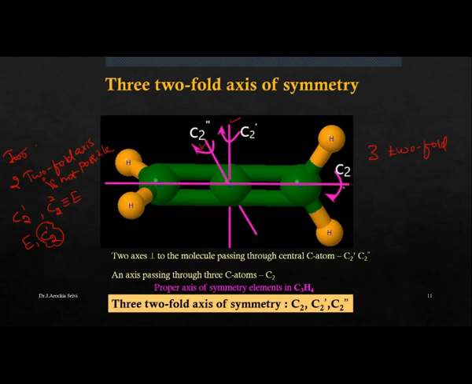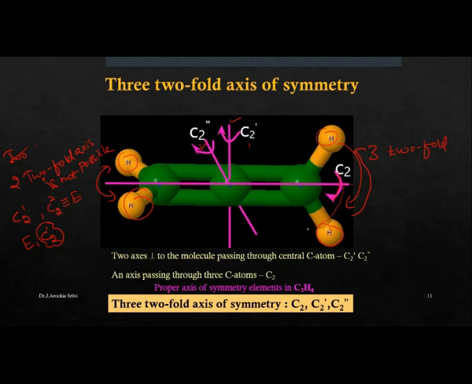If C2 is done in a horizontal way, passing through the 3 carbon atoms, and it is rotated in a clockwise direction, these get shifted, like that. Then if the axis is along the x axis, then this and this get flipped, this and this get flipped. Similarly C2 perpendicular to this axis also gets flipped.